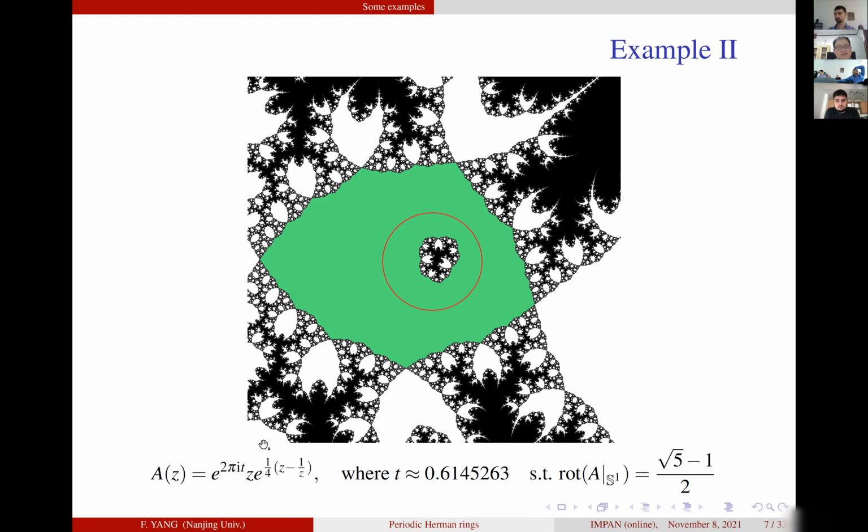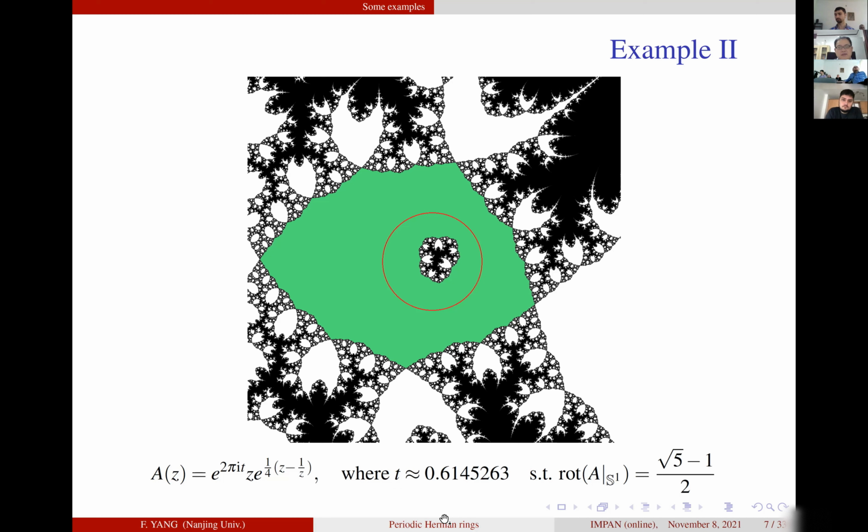So here we choose the parameter a equals 1/2. If we choose a suitable t such that the rotation number is the golden mean, then this map is an analytic diffeomorphism from the unit circle to itself.